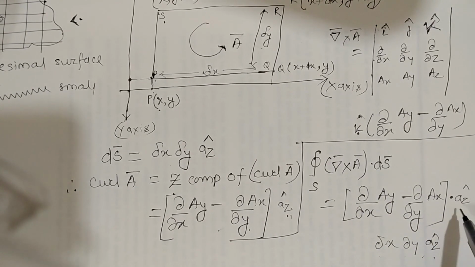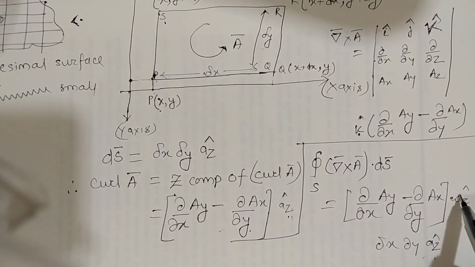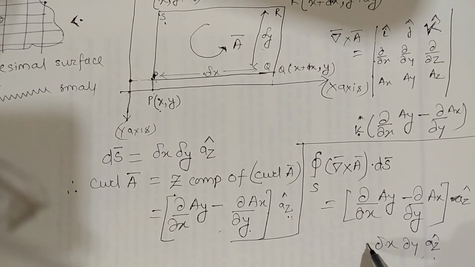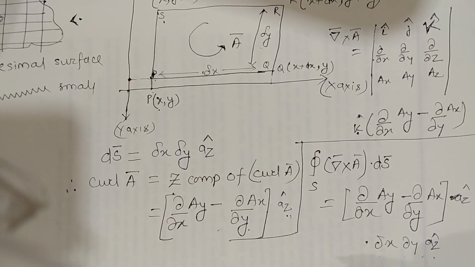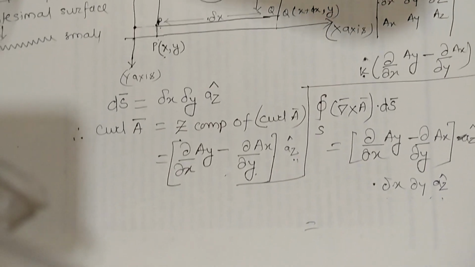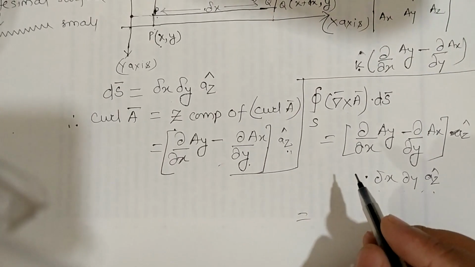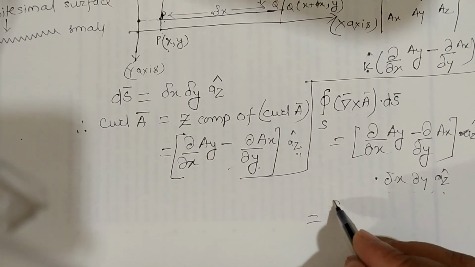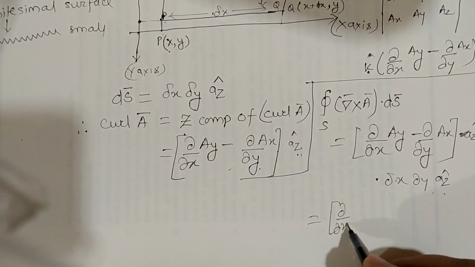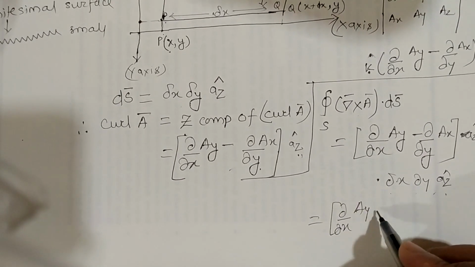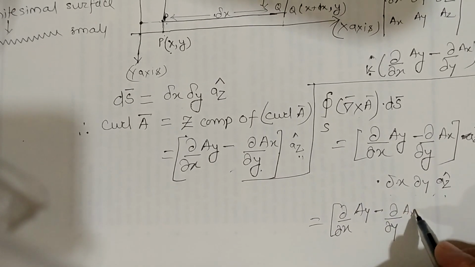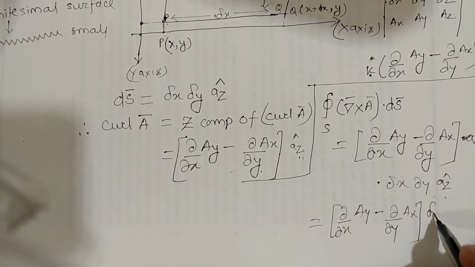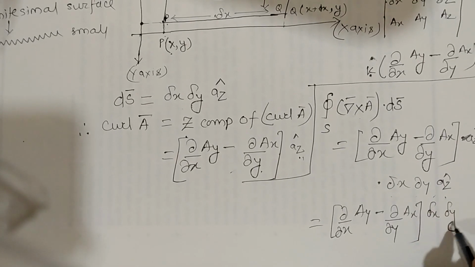Since we have the az cap over here and az cap over here, the dot product will be possible, and the final value we have is del by del x of Ay minus del by del y of Ax into delta x into delta y.